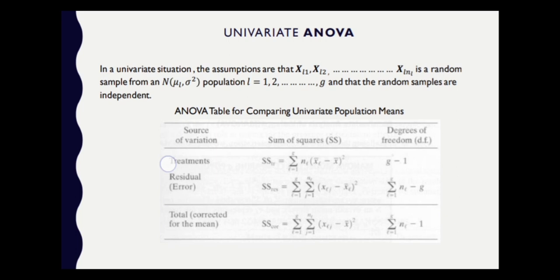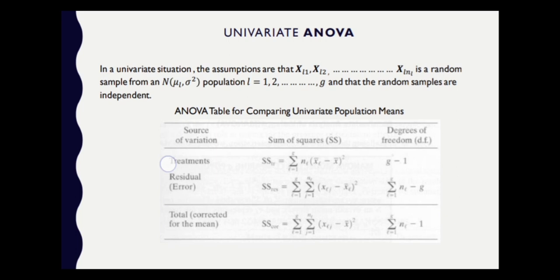You already know we are using the univariate ANOVA when you want to compare the mean for several populations. Right? Okay, so it is the same with one-way MANOVA, except that our variable is multi-variable, several variables. So because of that, we have to use one-way MANOVA.